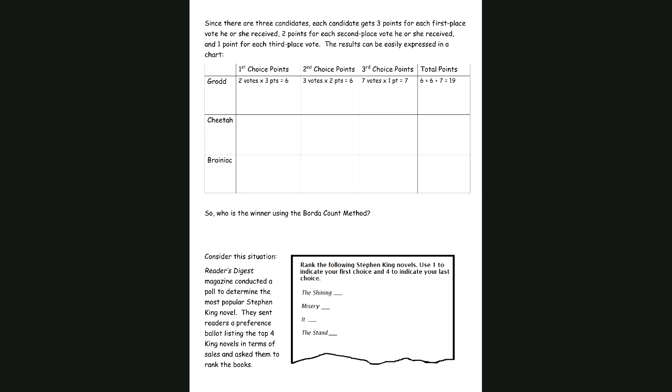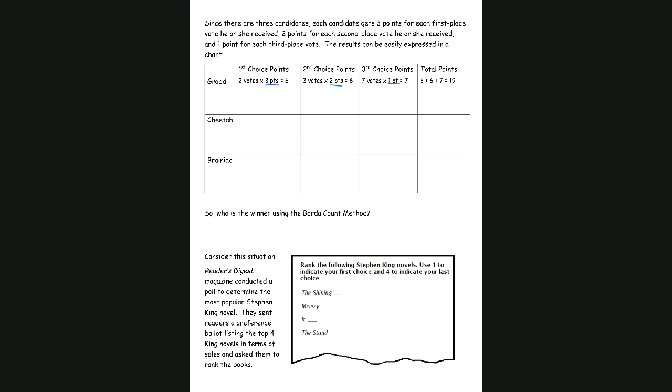So in this chart, Grodd gets 3 points for first place, 2 points for all of his second choice votes, and 1 point for all of his third place votes.